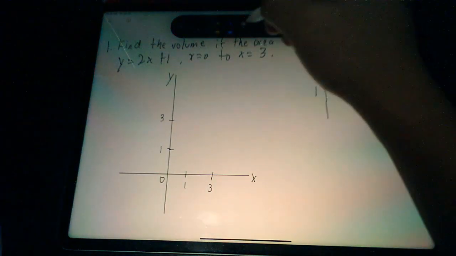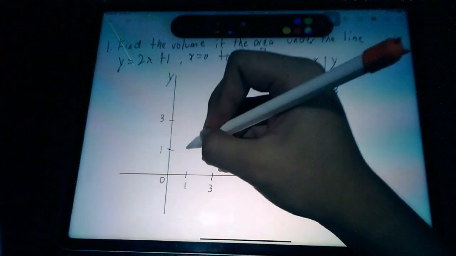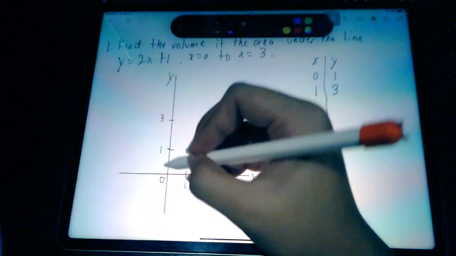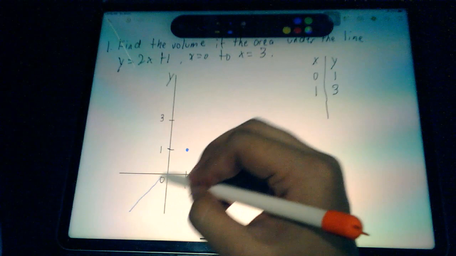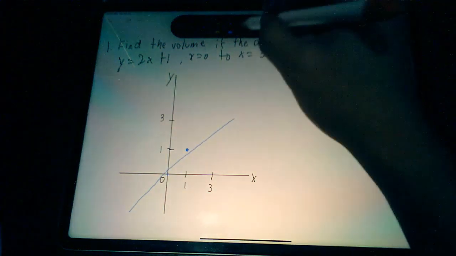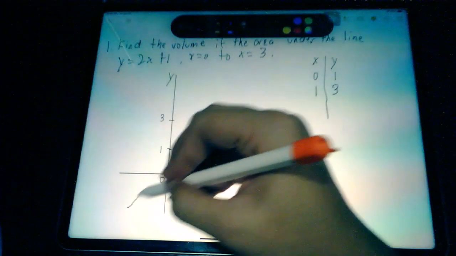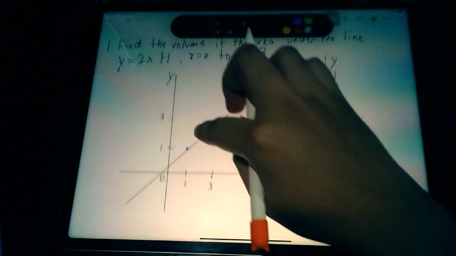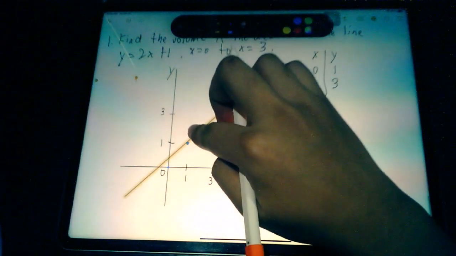So let's plot the points, 0, 1 and 1, 3. Let's move it here.